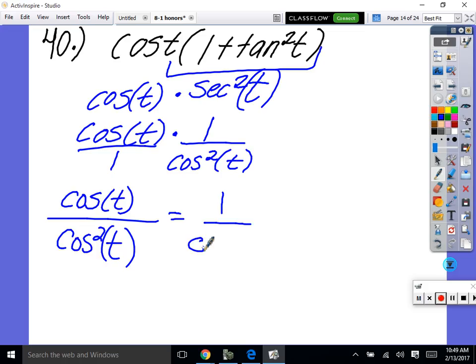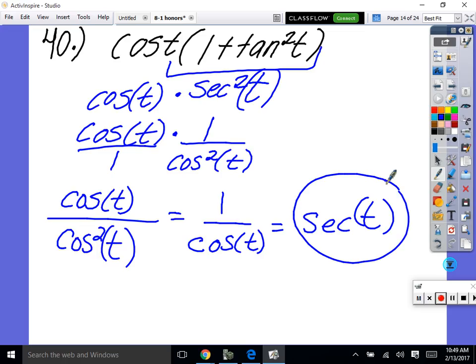Does everybody see why? There's 1 cosine on top and 2 on bottom. 1 over that equals secant t. That's why I know to keep going, because the one answer is much prettier. So that's where you're going with these.